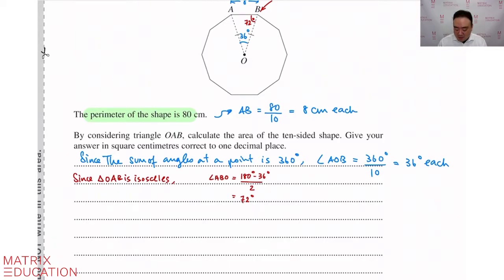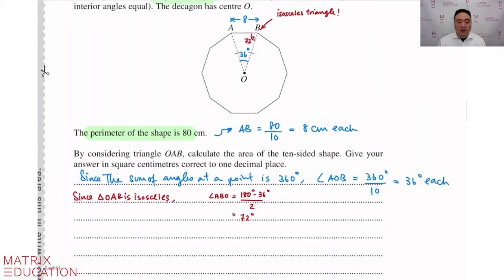That means this angle must be 72 degrees. Now that's step 2. In step 1, we found the angle in the middle. In step 2, we found another angle. Step 3, what do we do next?